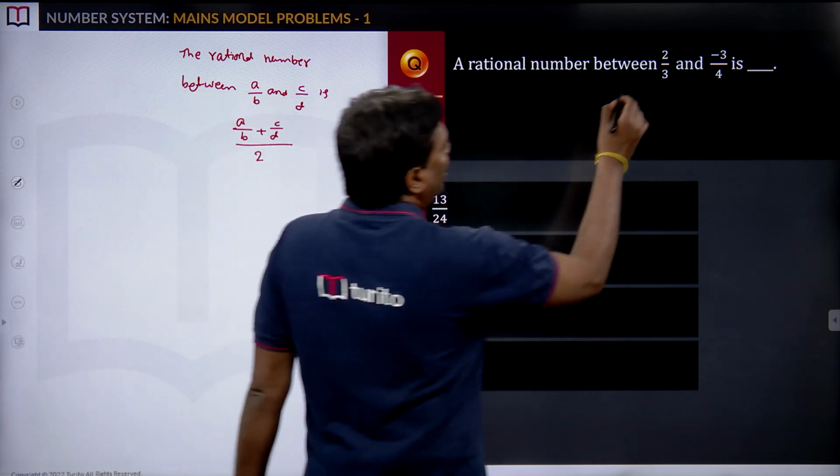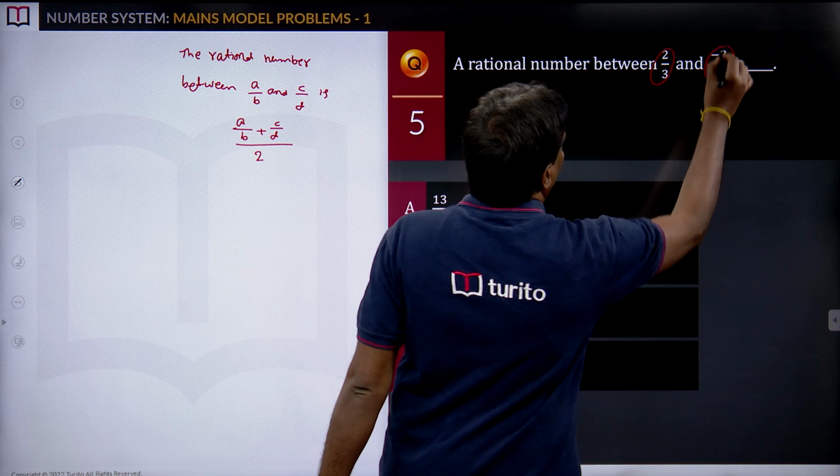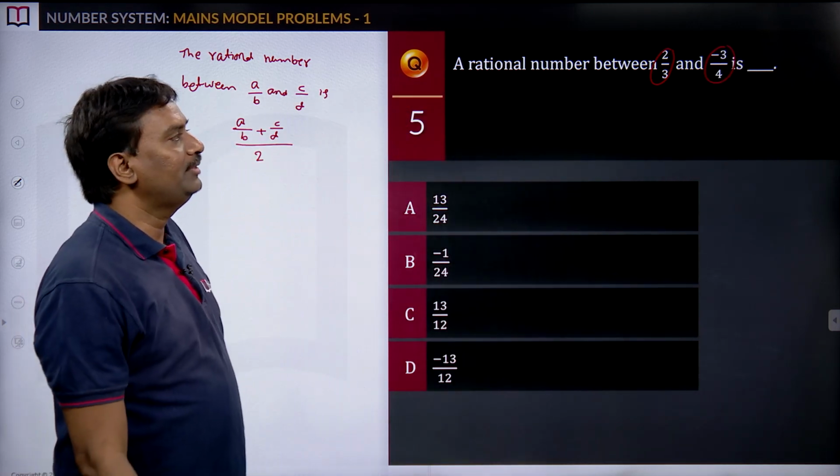According to the problem, we have the rational numbers 2 by 3 and minus 3 by 4.